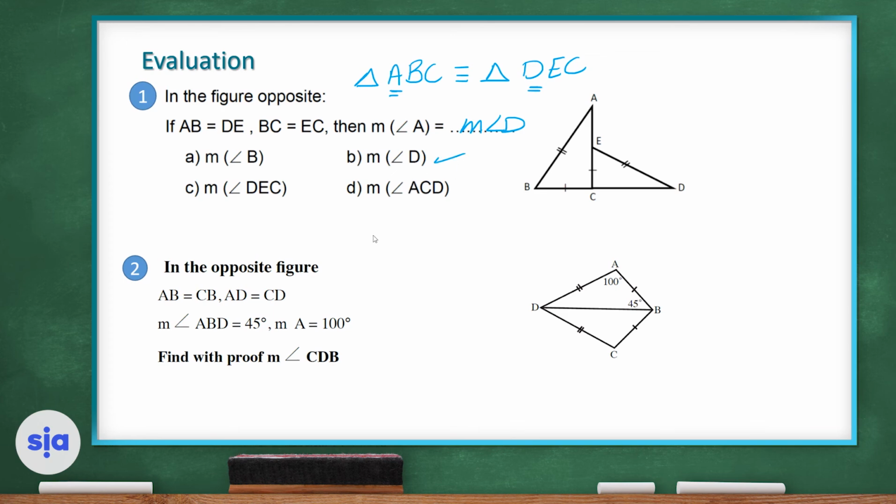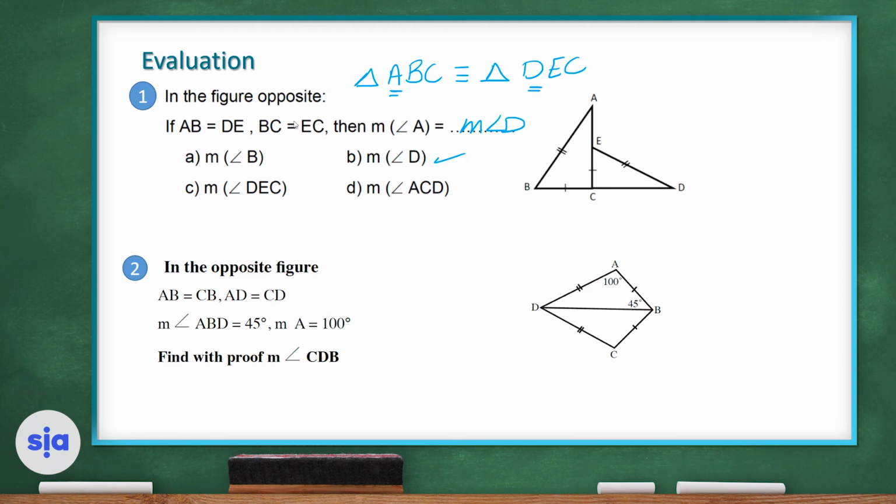Question 2. In the opposite figure, if AB equals CB and AD equals CD, and also given that the measure of angle ABD is 45 degrees and the measure of angle A is 100 degrees, find with proof the measure of angle CDB.